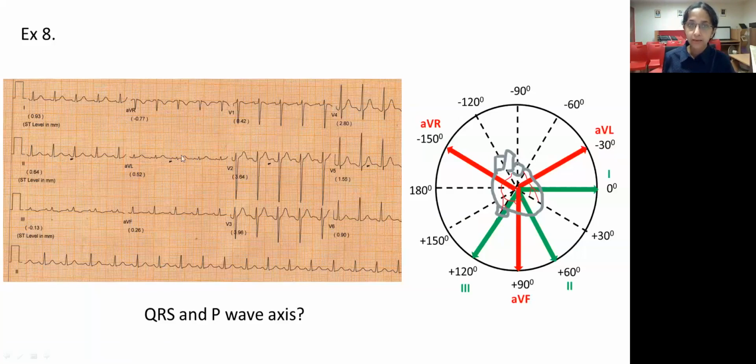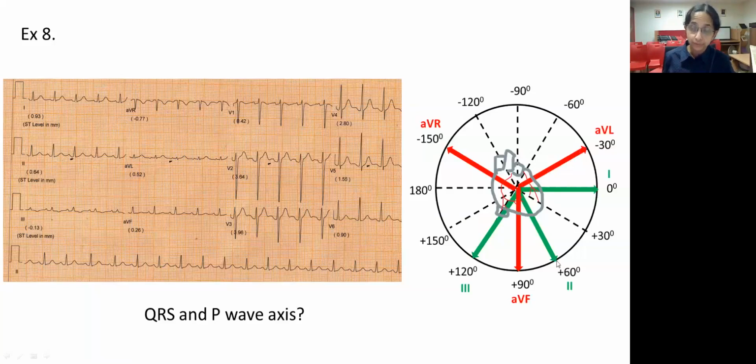This is around minus 30 degrees. So a lead which is exactly perpendicular to this would be around plus 60. If I consider that I have a null vector here, then perpendicular to this is going to be plus 60.